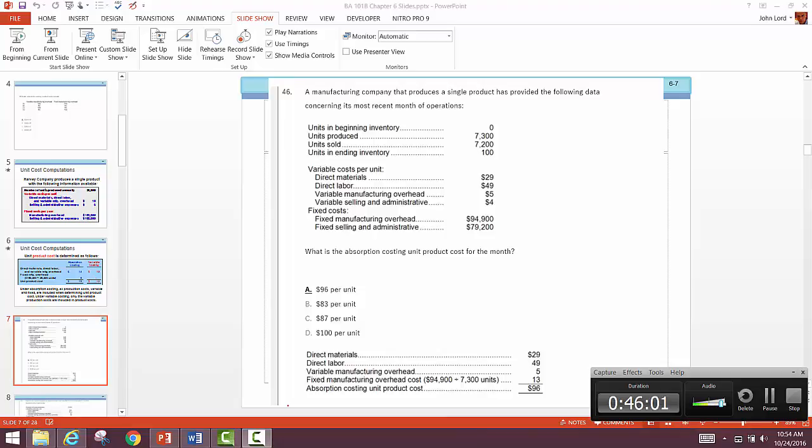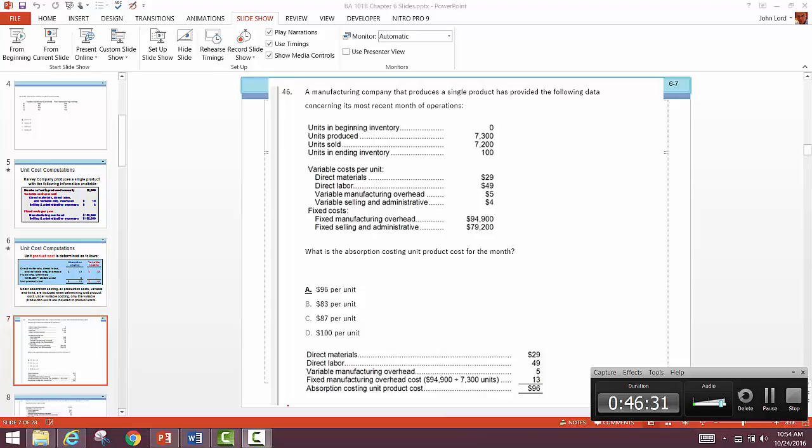Then coming out of finished goods and going into cost of goods sold is going to be this $83 per unit times how many units they sold? 7,200. Times the 7,200 units they sold, that should be 597,600, right?